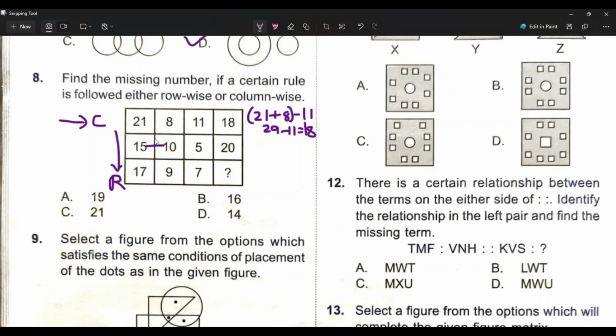So 15 plus 10 is equal to 25. 25 minus 5 is equal to 20. Third one, 17 plus 9 is nothing but 26. 26 minus 7 is equal to how much, children? Yeah, it's 19. So option A, 19 is the right answer, children.